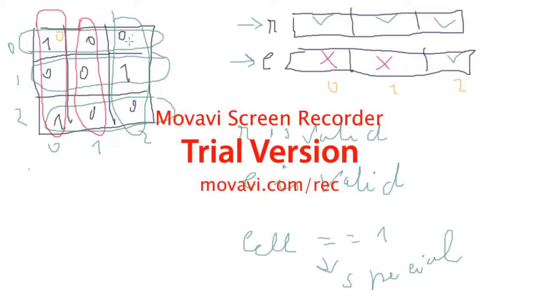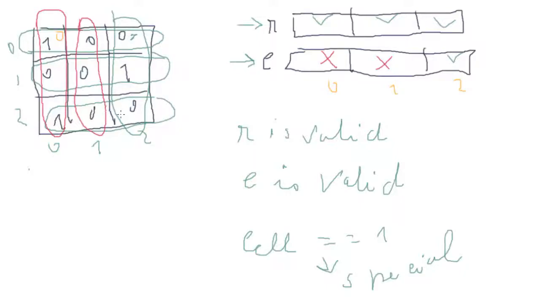However, our value here is not 1, so it is not valid either. And we will continue doing this processing throughout the matrix, and in the end we will have our final answer.